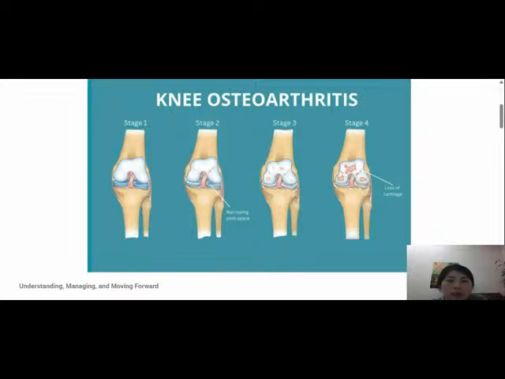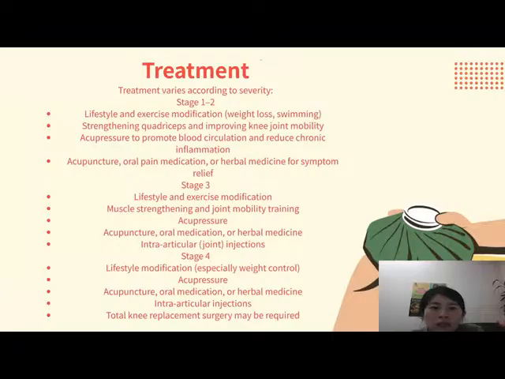And so now comes to share the treatment. So the treatment will also depend on the different stages.